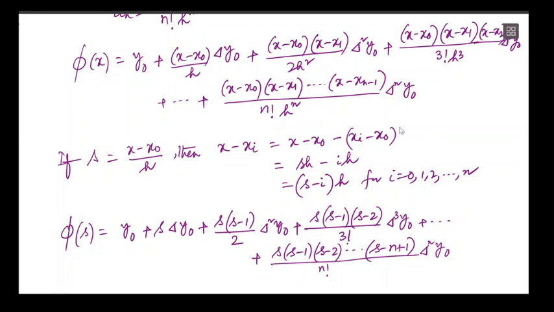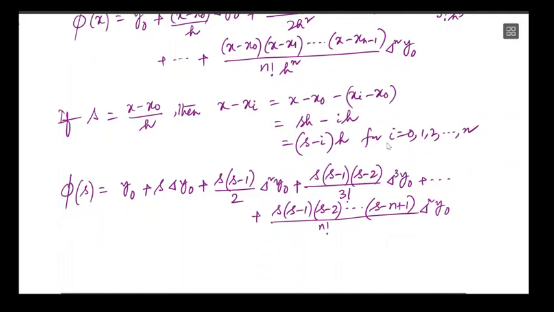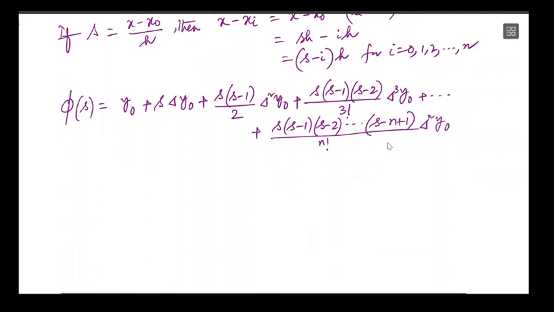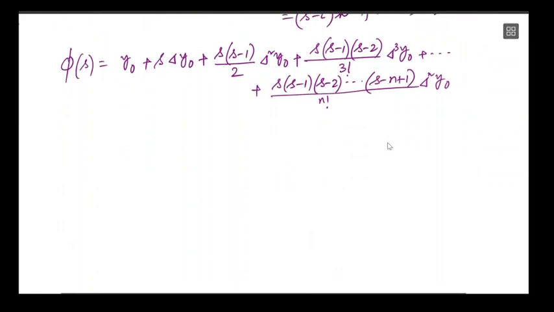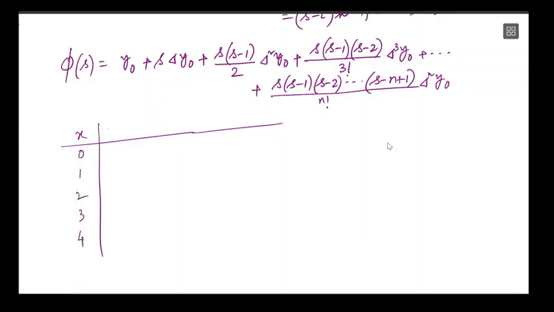Now, how to find the values of the differences of different orders? That can be done in a mechanical way if we write them in a table. Suppose that x equals 0, 1, 2, 3 and 4, and the y values are, suppose, 10, 25, 37, 48, 62.